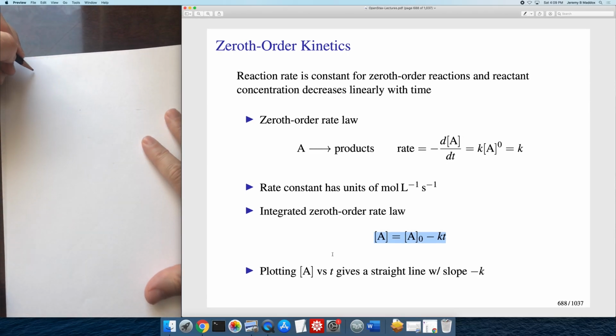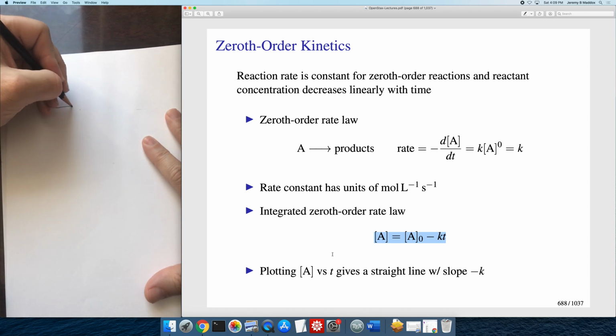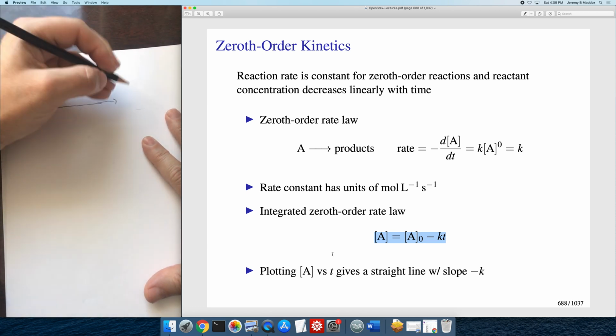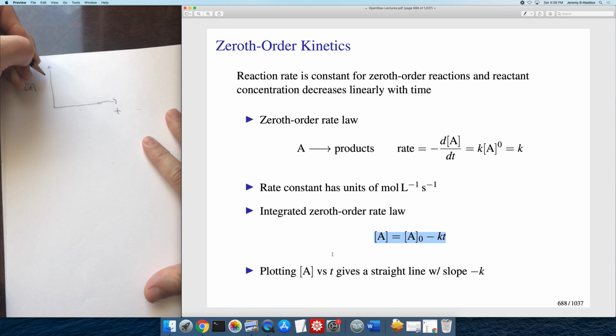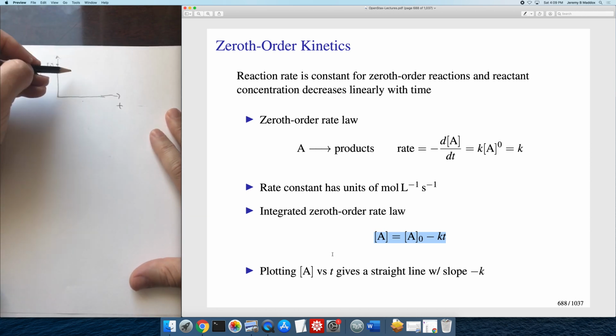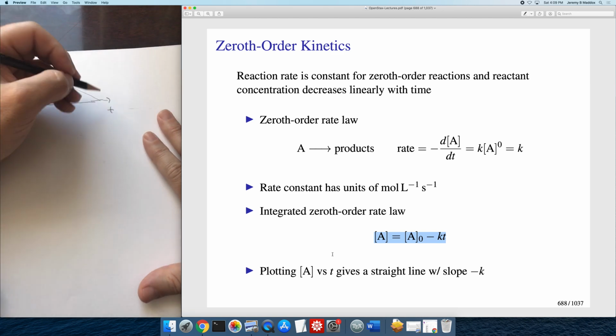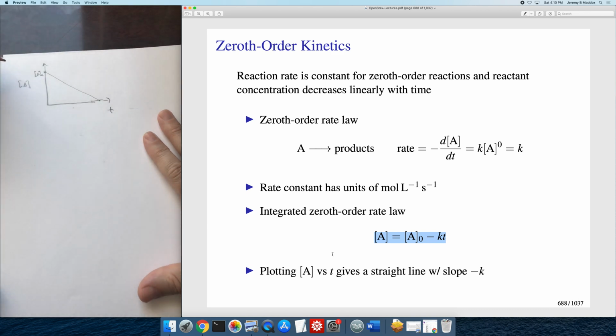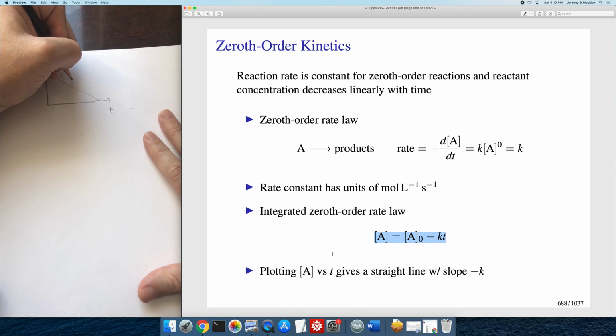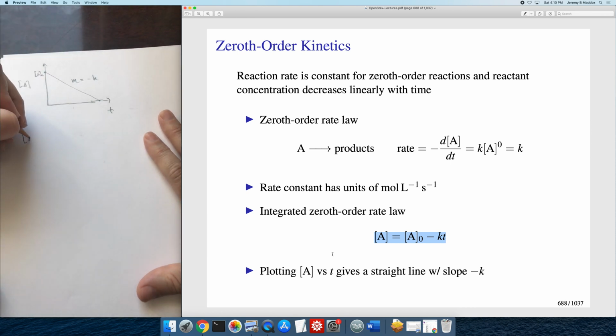So for zeroth order kinetics, when you plot the concentration versus time data, you'll start with the initial concentration. And what's going to happen is it's going to decrease linearly until you run out of reactant. Now you've gotten down to 0 reactant. There's no reactant left, and so the reaction stops. The slope is equal to minus k. Let me illustrate.